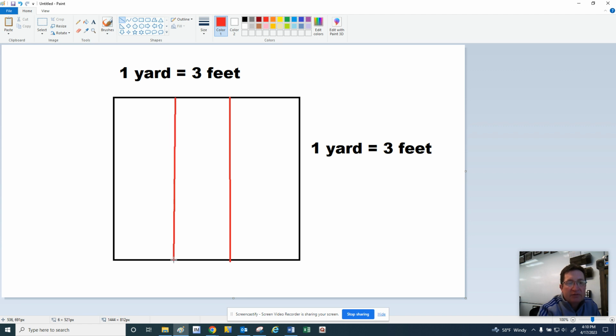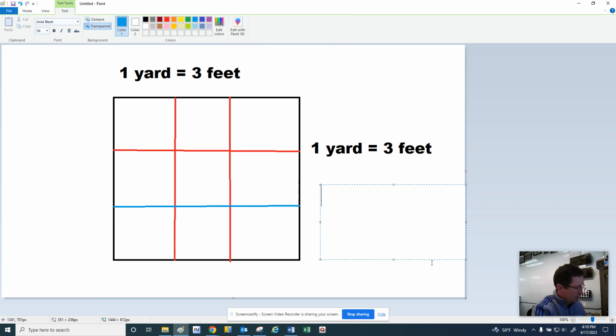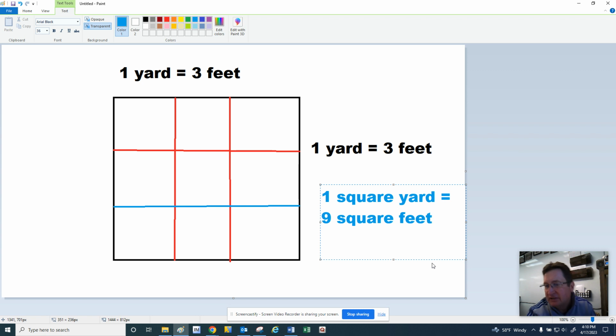And so if we broke that up into thirds and then broke this up into thirds, then I think the point that I hope that you're realizing that I'm making here is that 1 square yard is equal to 9 square feet. Okay. And so that should help you with your homework on that part of it.